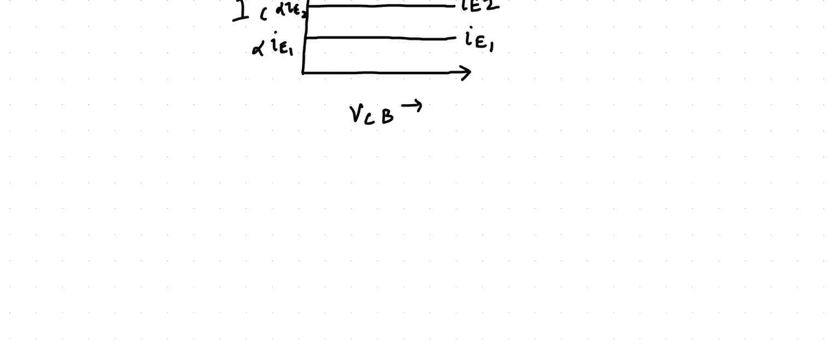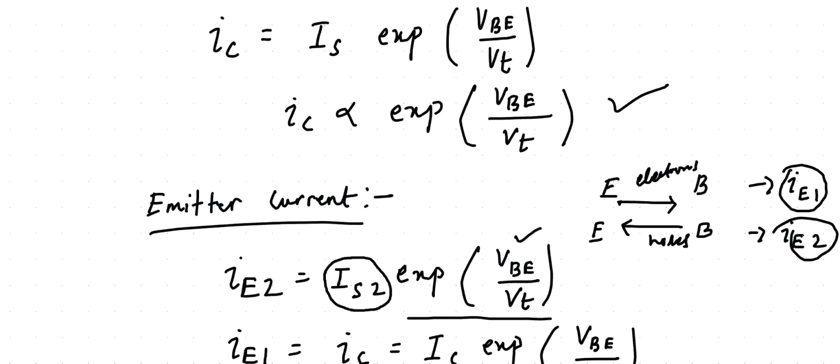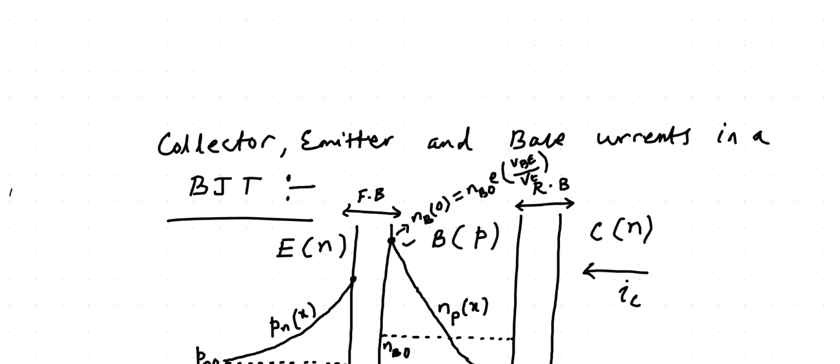Now let us move to the base current. In the base current, the component of emitter current IE2 that we discussed was the hole concentration moving from the base to the emitter region.